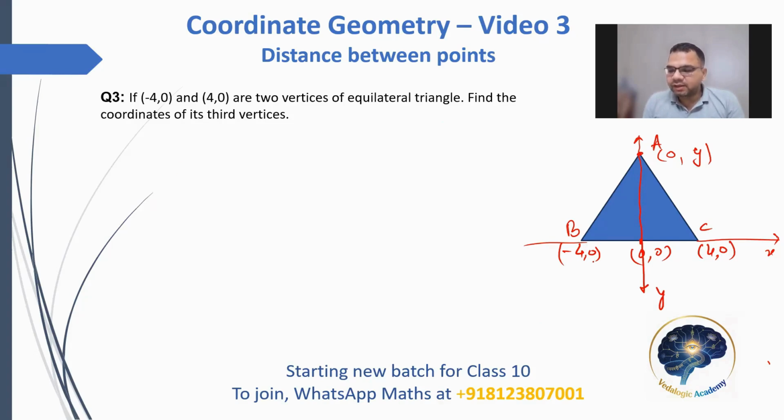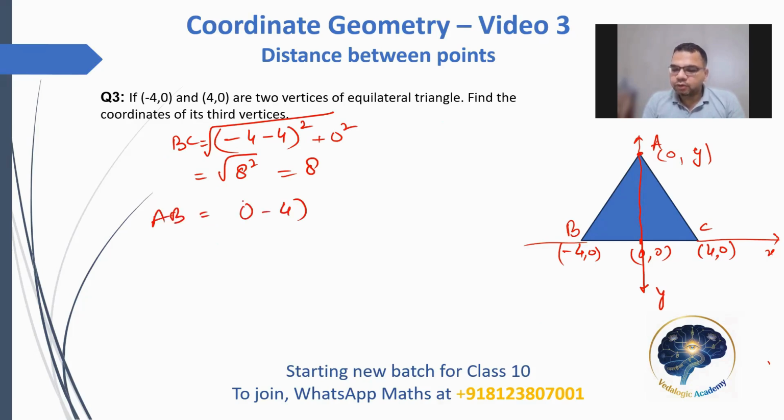So if I find the distance of BC, the distance is minus 4 square plus 0 square, which becomes 8 square and its root, sorry. So it becomes 8. Now, if I see distance of AB, which becomes 0 minus 4 whole square plus y minus 0 whole square, which becomes 4 square plus y square.